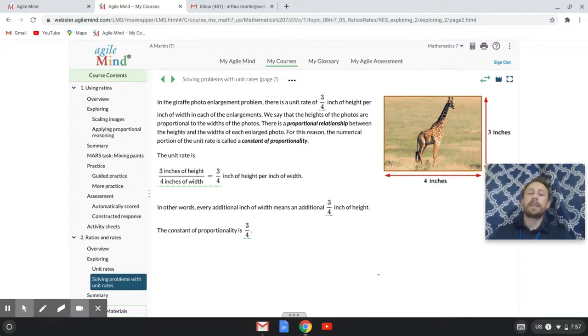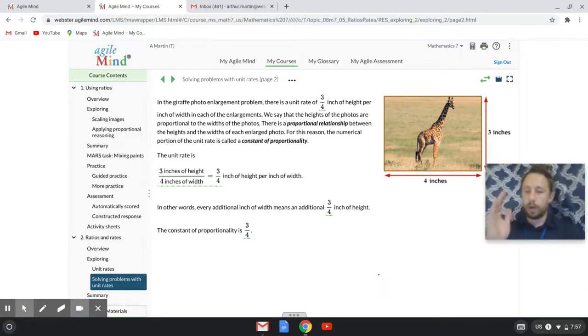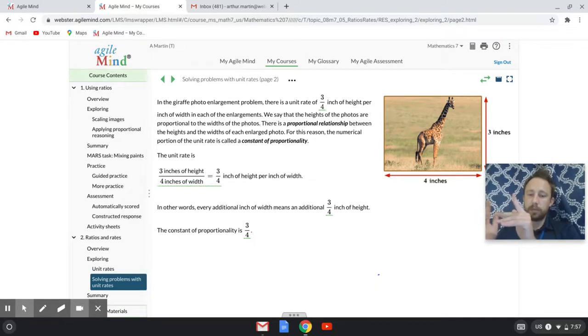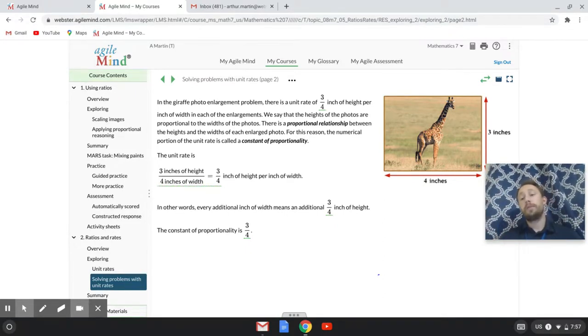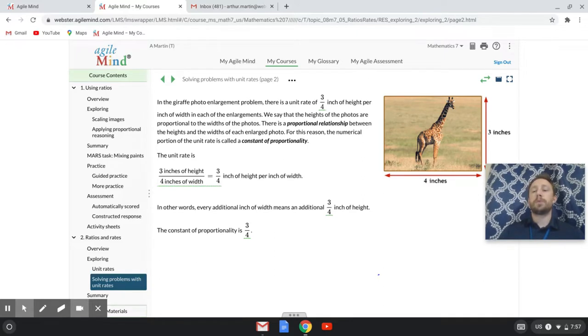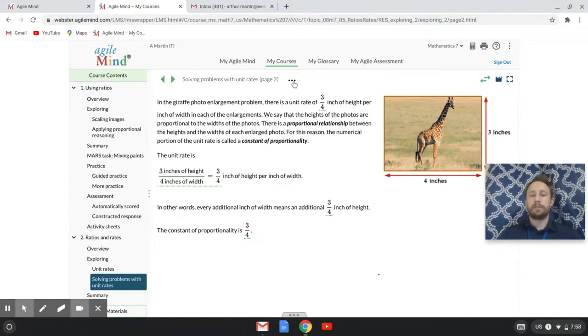So that means that every time it gets a little bit wider, there's also going to be 3/4 of an inch taller each time. All right, so therefore we know that the constant of proportionality is 3/4 or 75 hundredths. So let's look at page 3.